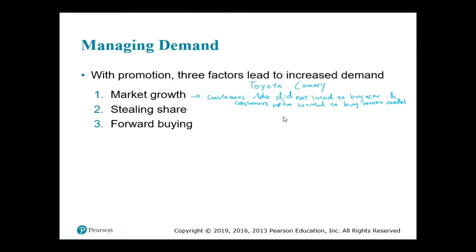In either case, the total sales of Toyota Camry would increase.